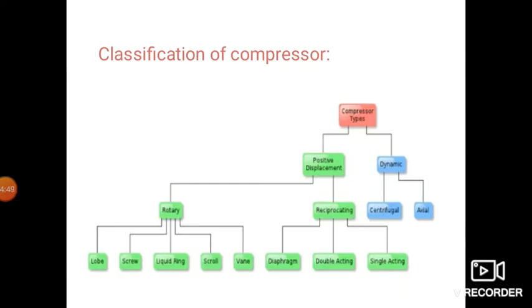Positive displacement compressors are broken up into two types, rotary compressor and reciprocating compressor. Further classification of reciprocating compressors is diaphragm, double acting and single acting compressors. And the further classification of rotary compressors is lobe, screw, liquid ring, scroll and vane type compressors.